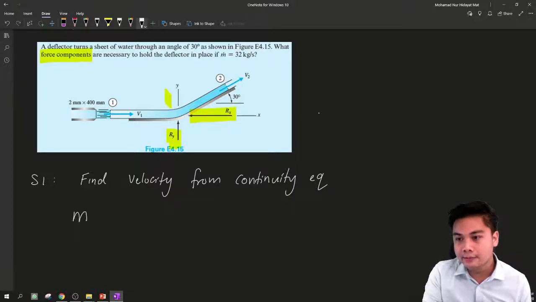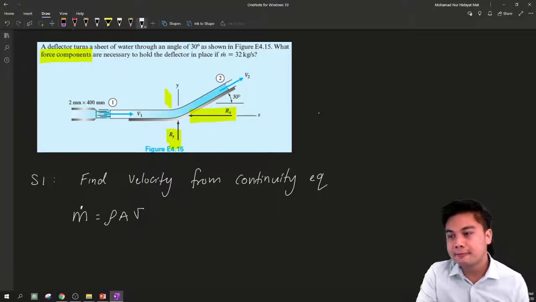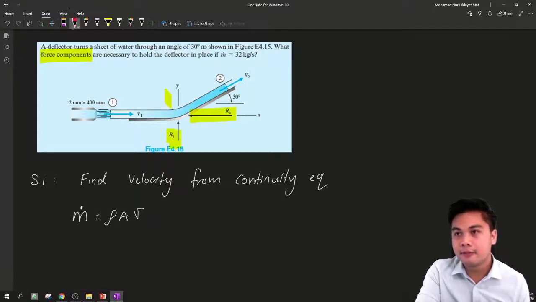So mass flow rate equals rho A V. Since this is a fixed or stationary deflector, there is no change of velocity from the jet coming to the deflector inlet. So velocity 1 is the same as this velocity here, so this can be said to be V1 as well.